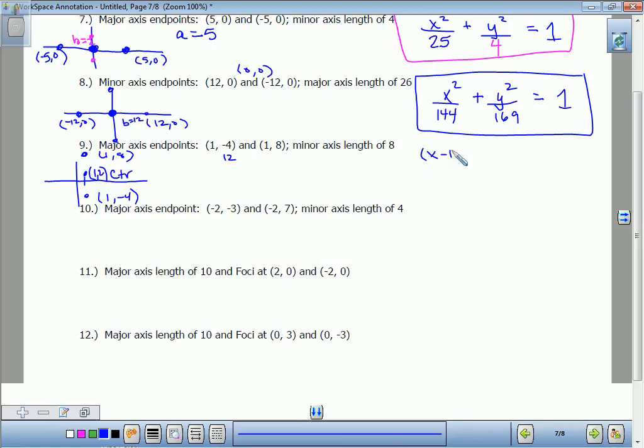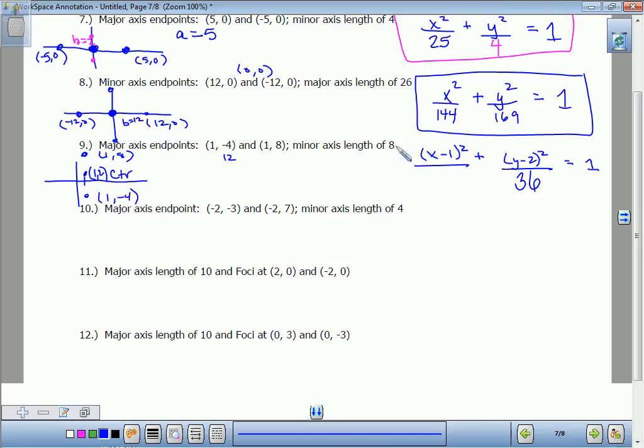Okay, so now I can start. x minus 1 squared plus y minus 2 squared equals 1. Now I've got to find the horizontal distance from the center squared and the vertical distance from the center squared. I can already see the vertical. This distance is 6. 6 squared is 36. Okay?